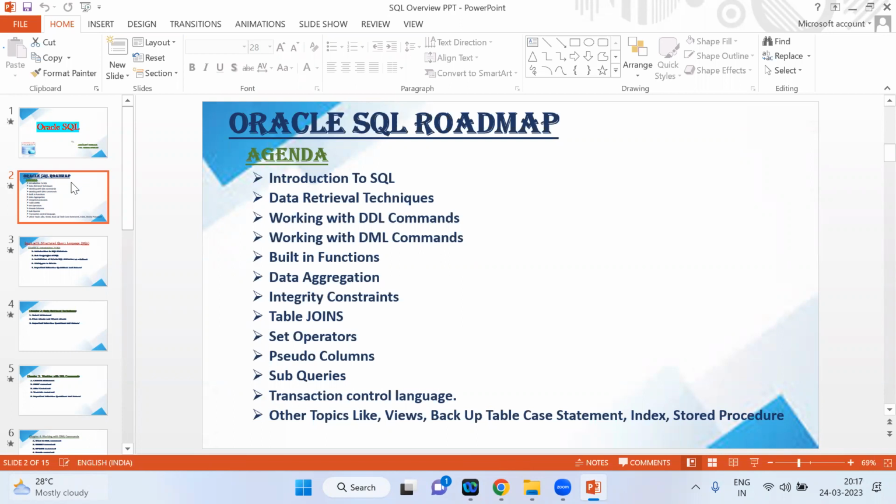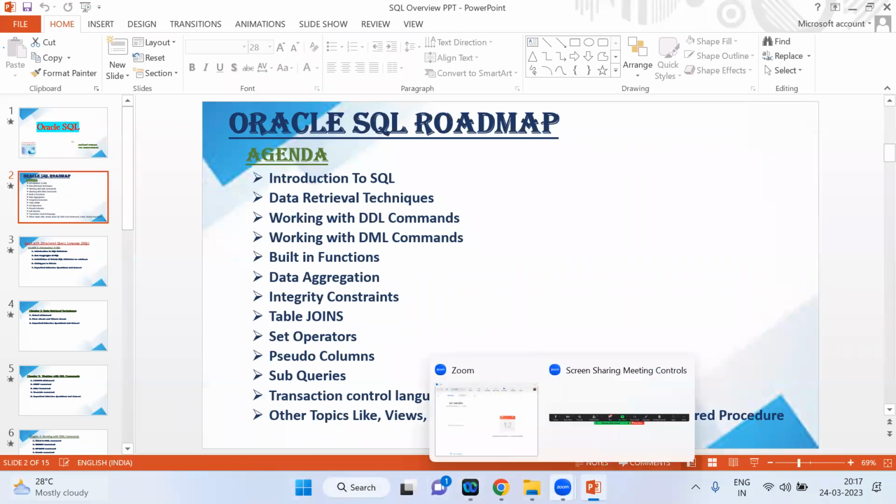The stronger you are in SQL, the better the package you will get. You have seen some people got 15.8 lakhs per annum, some 13 lakhs, 14 lakhs. It all depends on your SQL knowledge. The more SQL knowledge you have, the better the package you will get.